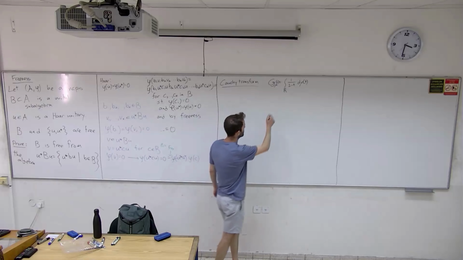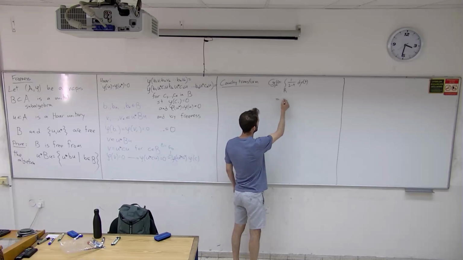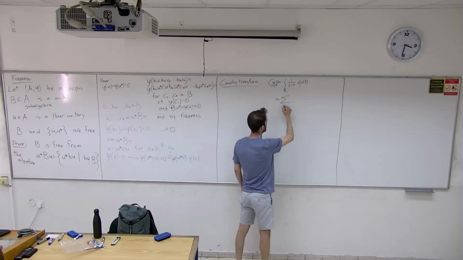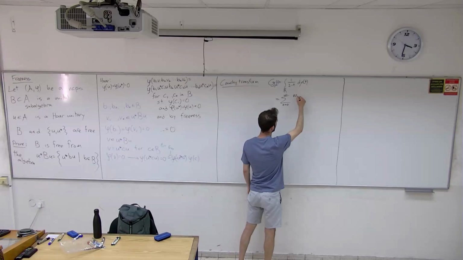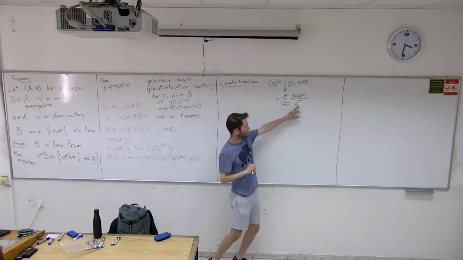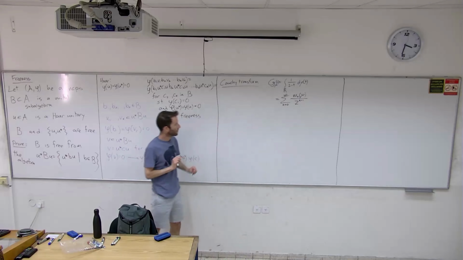And we also proved that in the proper region, this equals the sum from n goes from 0 to infinity of the nth moment of mu divided by z to the n plus 1. I keep forgetting the plus 1 here.